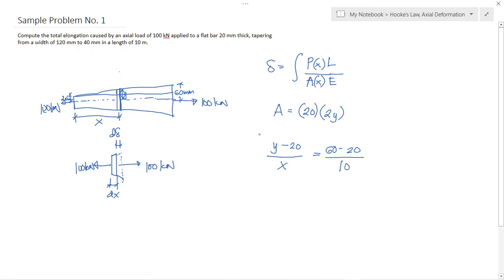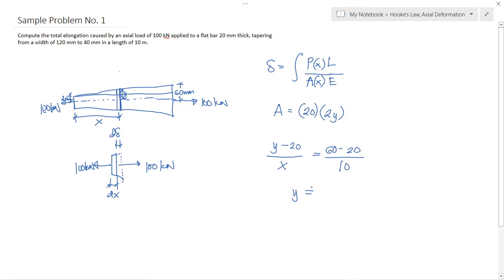Okay, so the numerator is in millimeter, this one is in meter. In millimeter, because the x below will cancel out anyway, since their units are the same. Okay. So we can determine the relationship of y and x as y is equivalent to 4x plus 20.